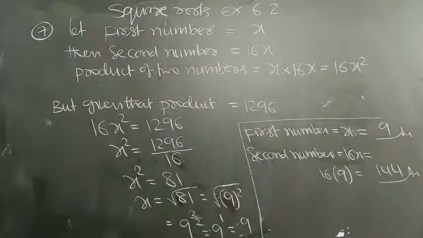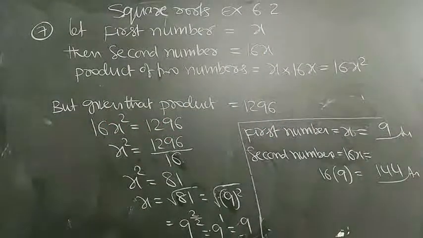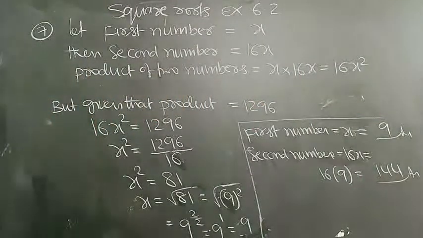Write down, students: 9 and 144 are the numbers. Any number can be first or second. The two numbers are 9 and 144. That's all.